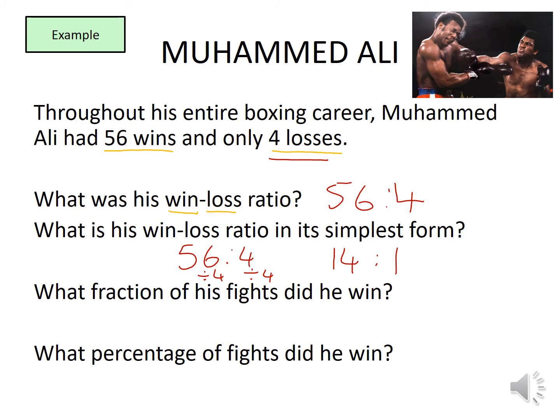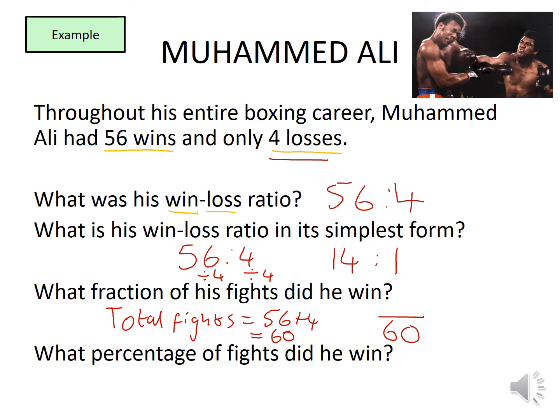What fraction of his fights did he win? The total first, total fights equals 56 plus 4, so we have 60 fights in total. Now remember, our total goes in the denominator of 60. And how many wins did he have?